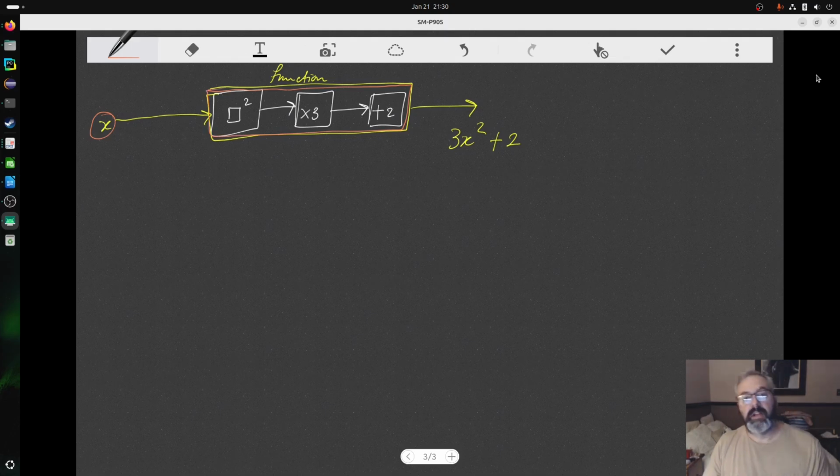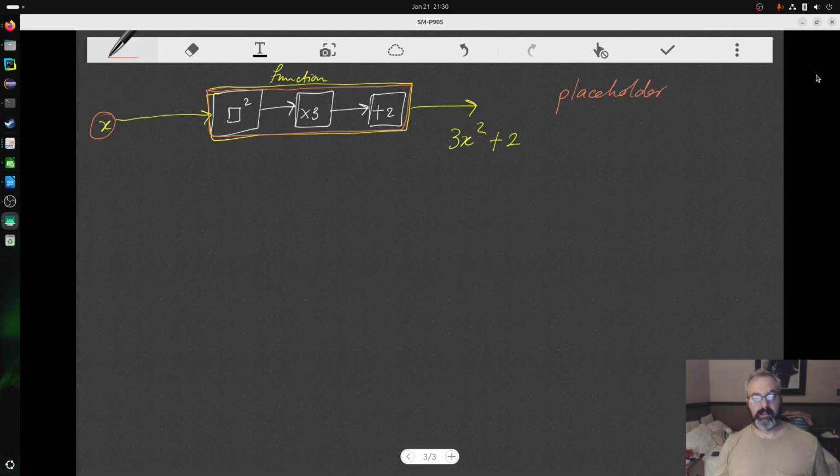But if I don't know what the input is, then I also don't know what the output must be. So I might just as well use another placeholder to denote the output.